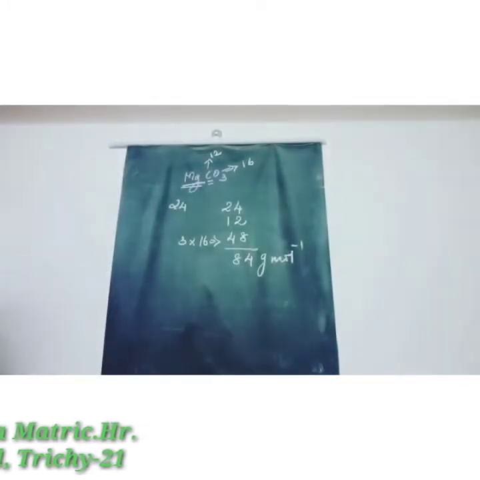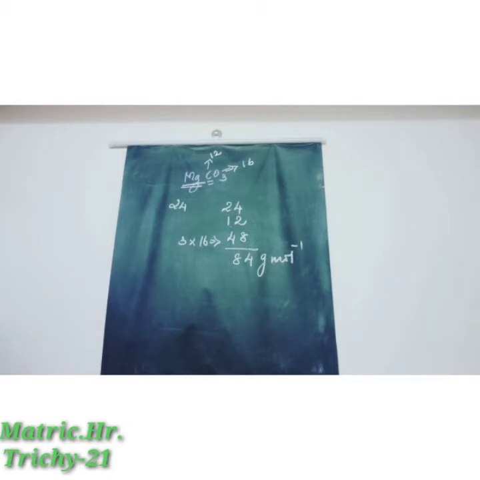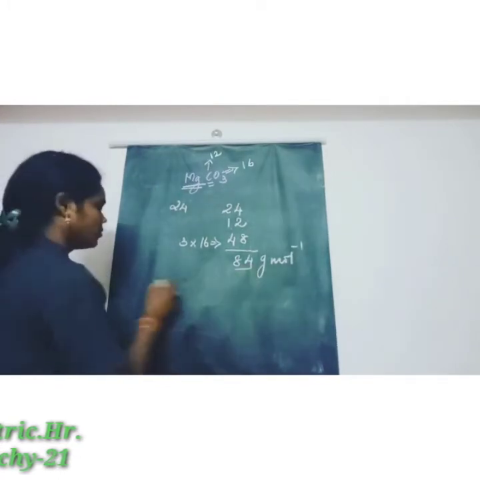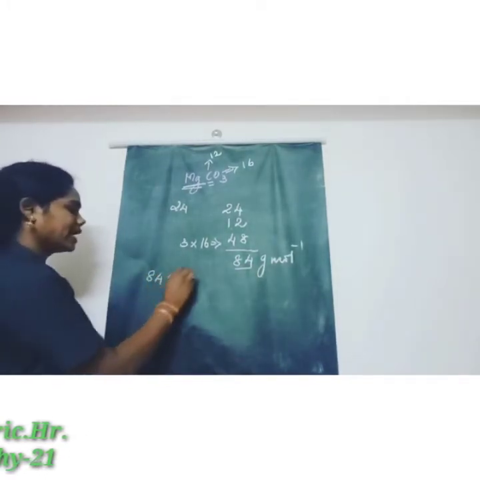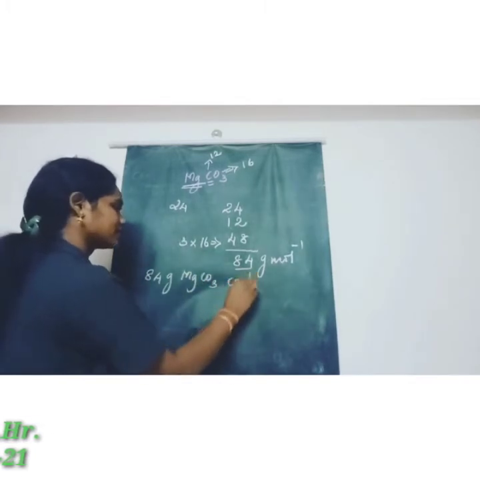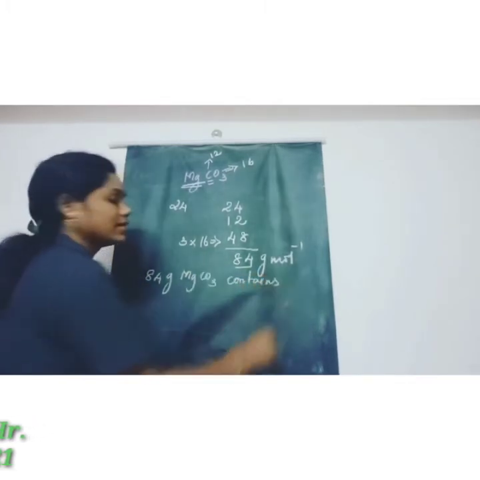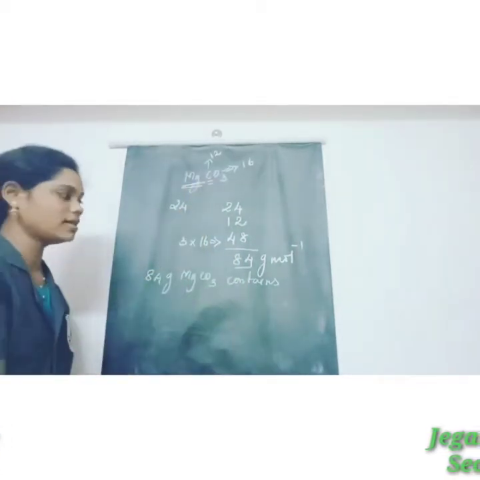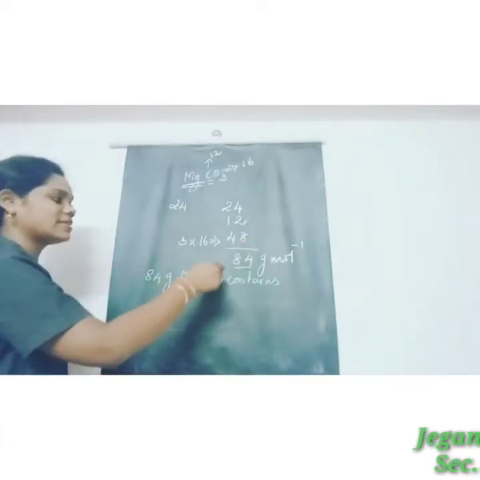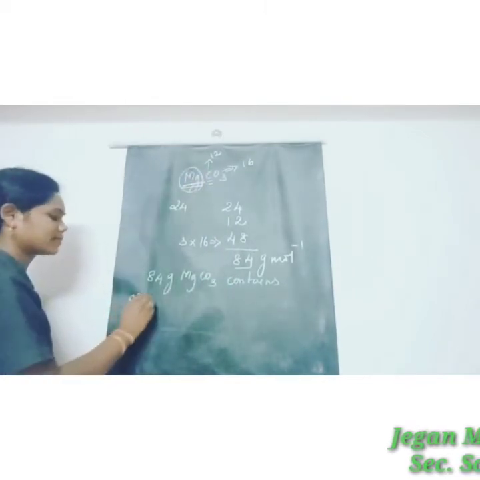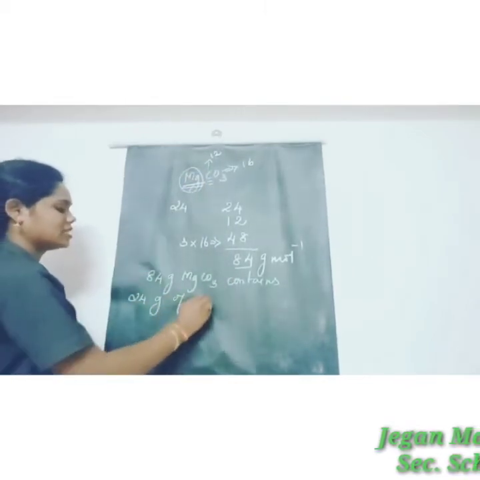Next, 84 gram of magnesium carbonate contains 24 gram of magnesium. We calculate the percentage composition of magnesium, carbon and oxygen. So 84 gram of magnesium carbonate contains only 24 gram of magnesium.